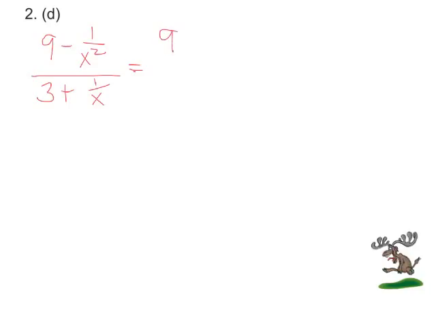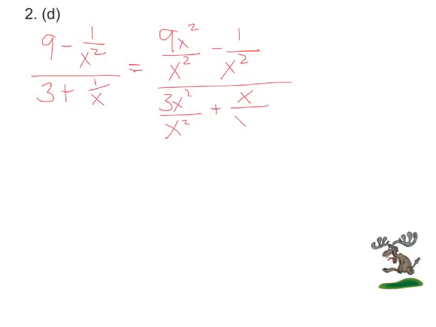So I'm going to write this as 9x squared over x squared minus 1 over x squared divided by 3x squared over x squared plus x over x squared. If we're able to see that, then we can move on to the next step where we combine our fractions.